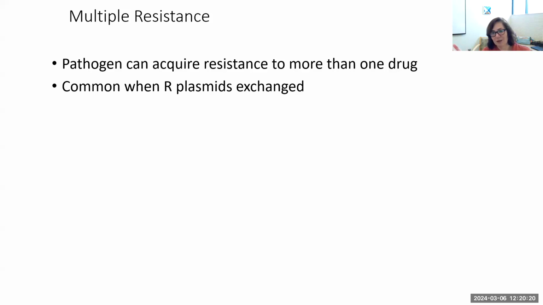This is super common where our plasmids, those reproduction plasmids, can be exchanged through conjugation. Oh my gosh, so all we have to do is have resistance develop in one strain of bacterium and a different form of resistance develop in another strain, and they can pass that information to each other even across species.